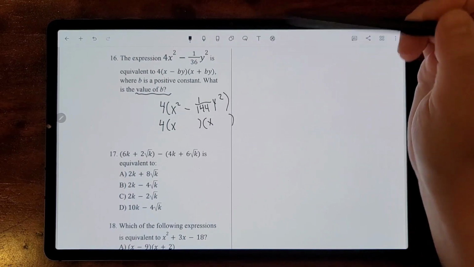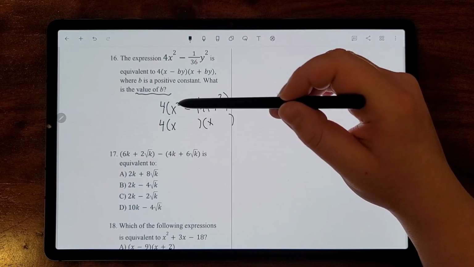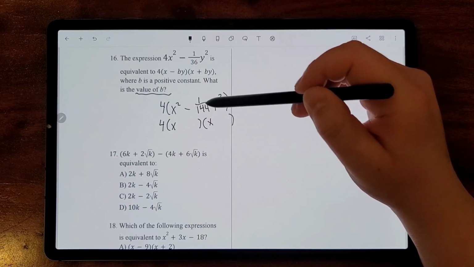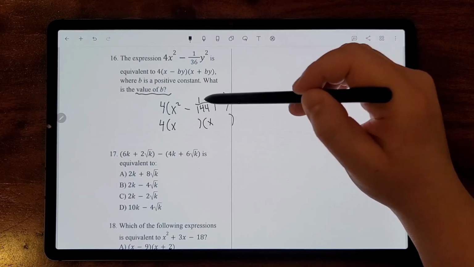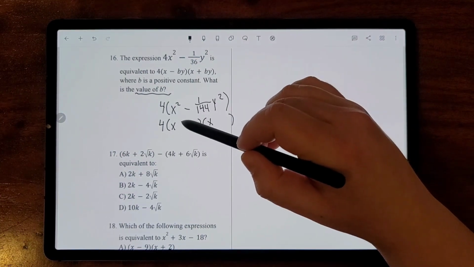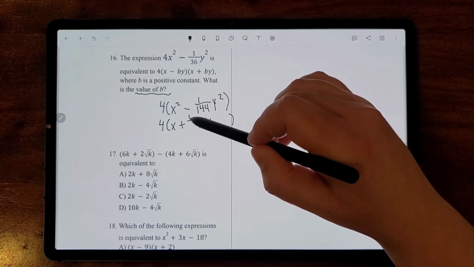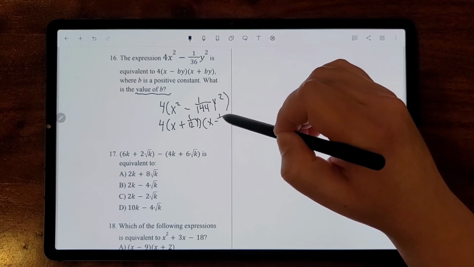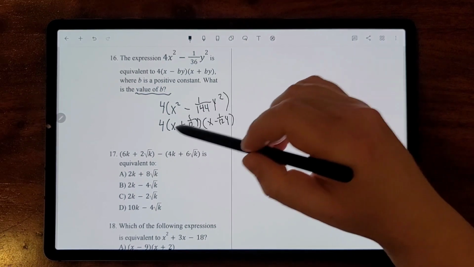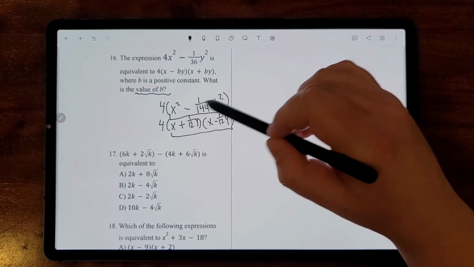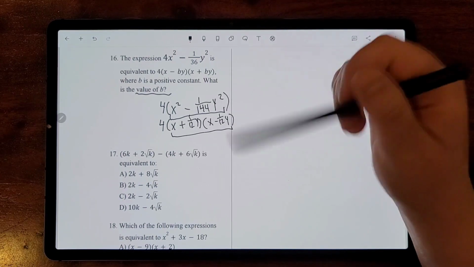There we go. So x times x would get me to x squared, and then I have to ask myself, what goes here and here that, when this FOILs out and simplifies, gets me to negative 1 over 144 y squared? Well, that would have to be plus 1 over 12 times y, minus 1 over 12 times y. And you could FOIL this part out to check that you get this same expression right here, which you do.